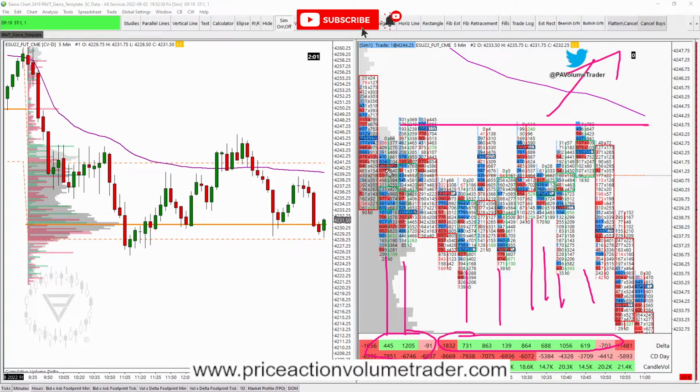What does that mean? Well, what this means is there are very large limit orders resting at this price. Price comes in, aggressive buyers start buying near the tops, and you know that in order to execute a limit sell order, you need a market buy order or an aggressive seller to hit that bid and fill it in.